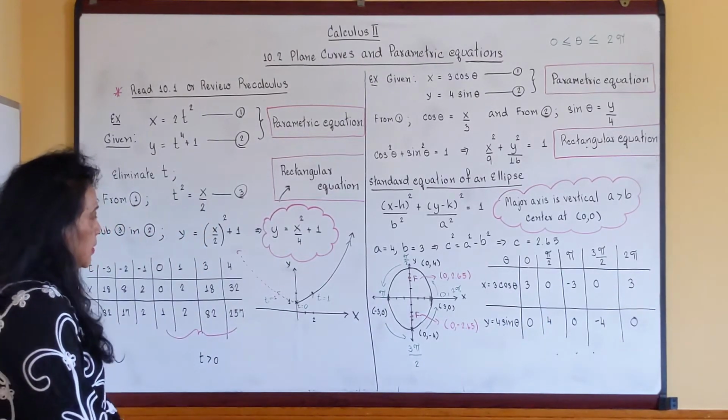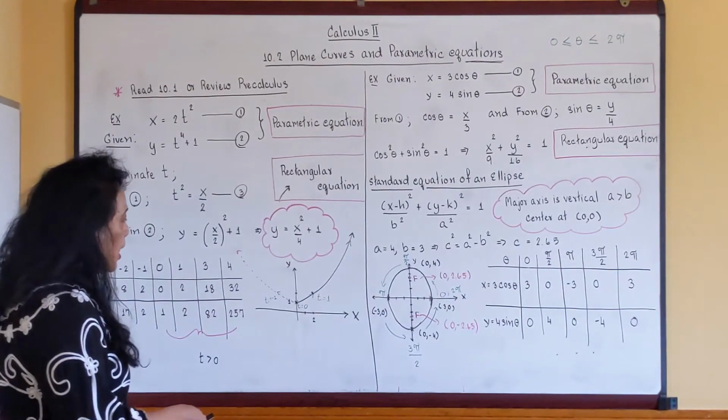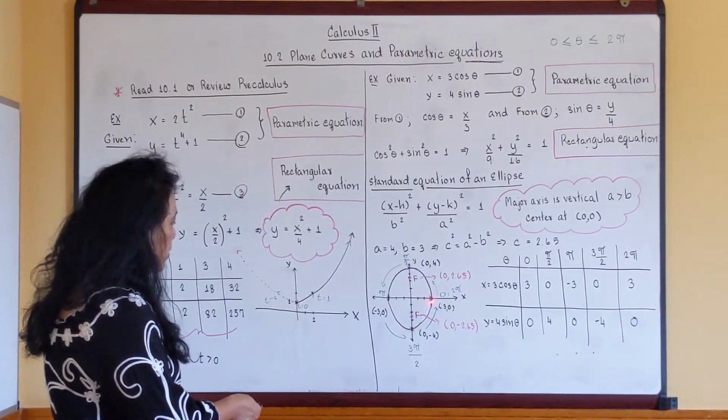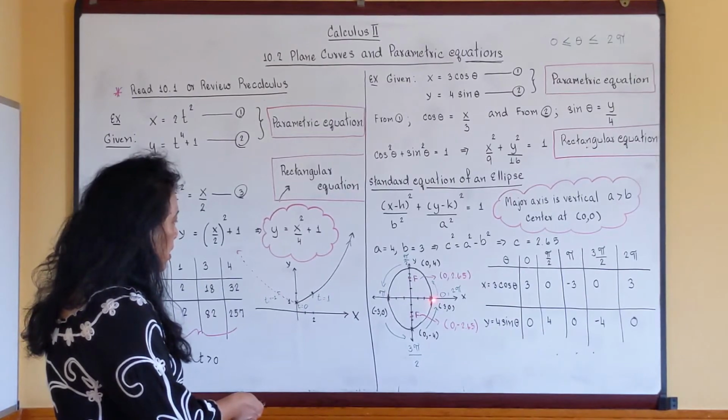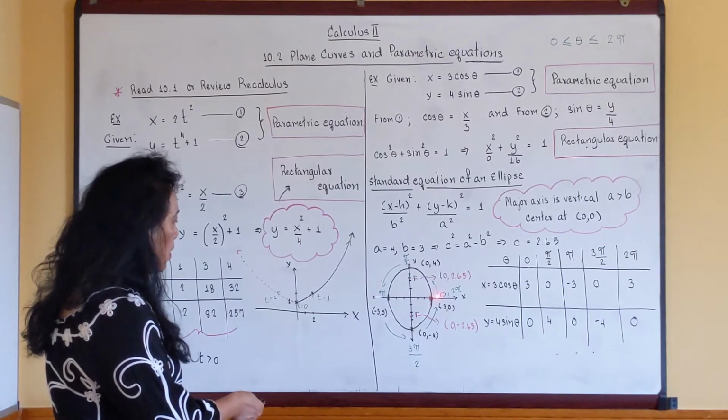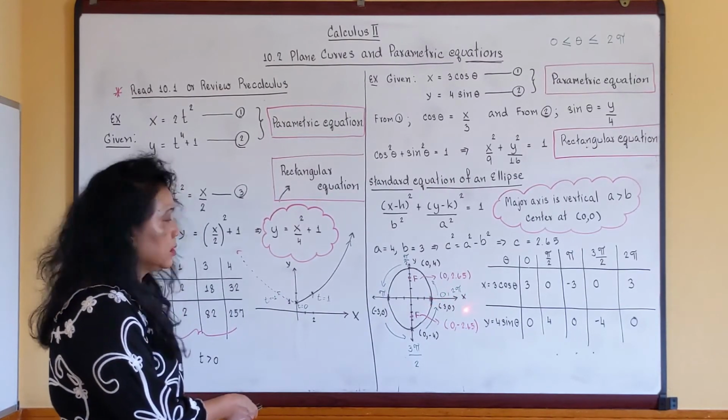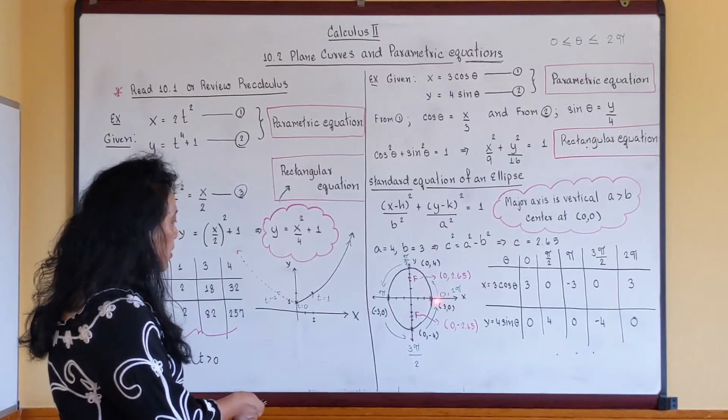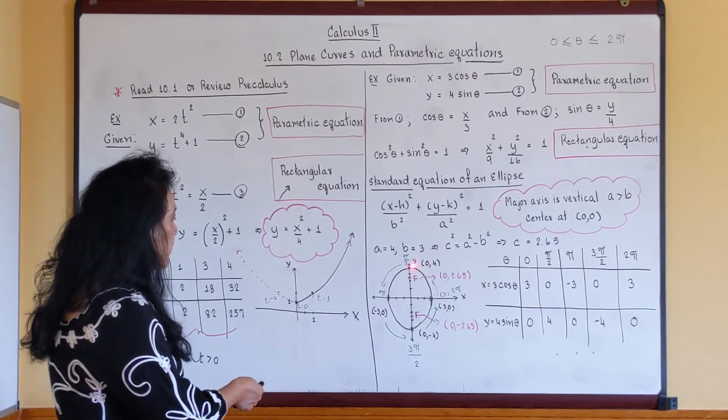So let's graph this. When theta is 0, x is 3, so you see it's right here, and y is 0. Now look at the green arrow. Then I move to pi over 2, so the object moves in this direction.